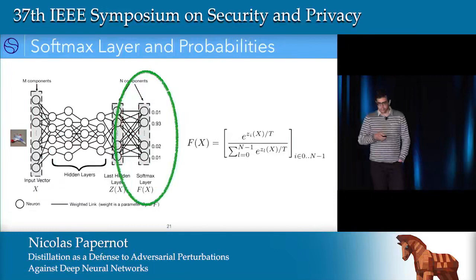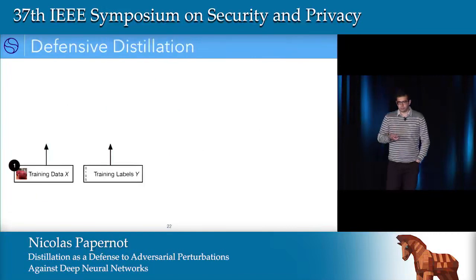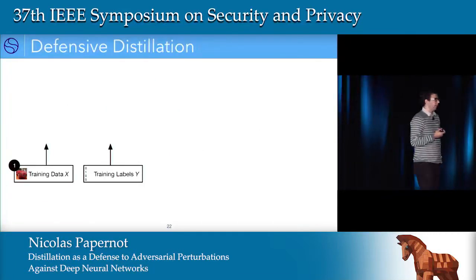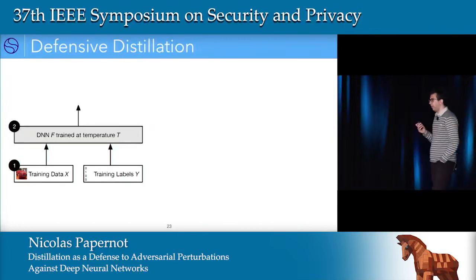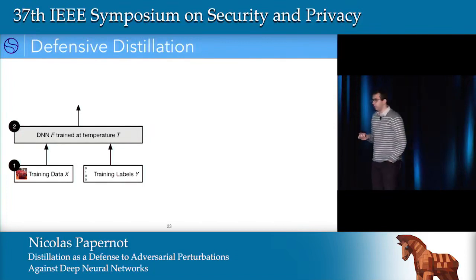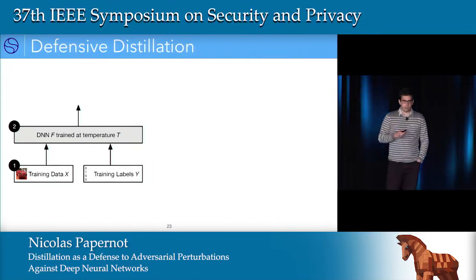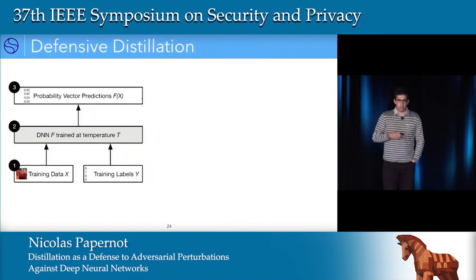What we saw is we can instead increase the temperature to increase the robustness of the model, and I will show you how. If you have your training data, which is a set of input points and labels that you show to the network, you can train a first network as you would typically do, to the exception that you raise the temperature to a large value, typically around 40 to 50.